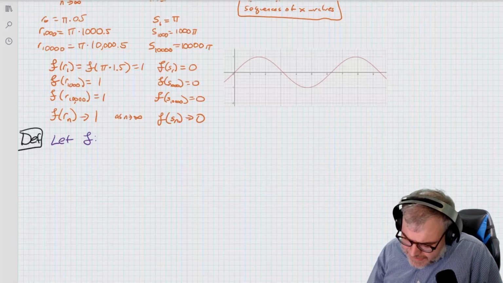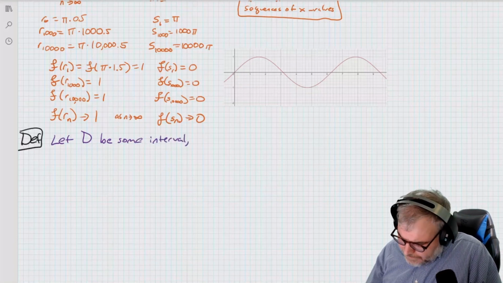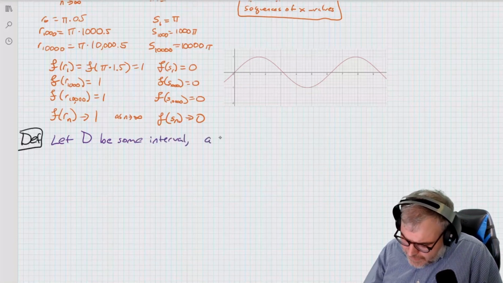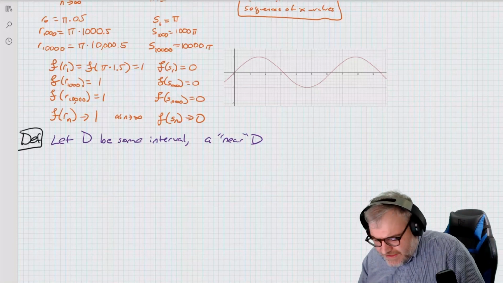Let D be an interval, and I'm going to put this thing near D. Technically, it's in the closure of D.